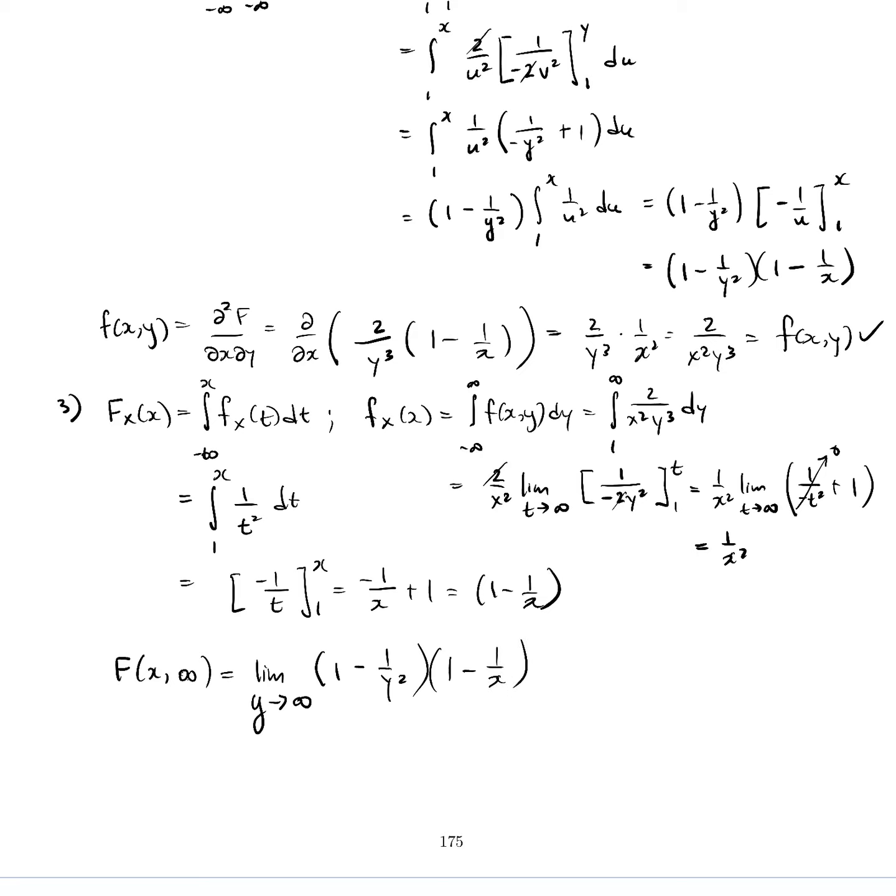Of course, this term goes to 0 as y goes to infinity, so we're going to have 1 minus 1 over x, which indeed is the marginal CDF that we found from first principles. So that property is verified as well.